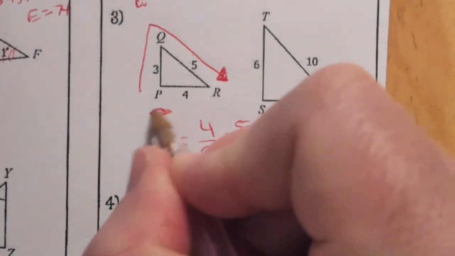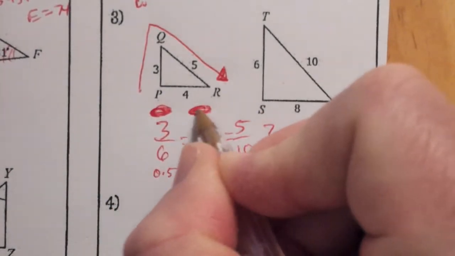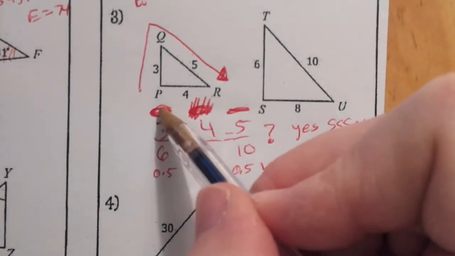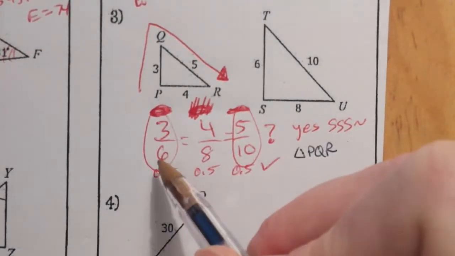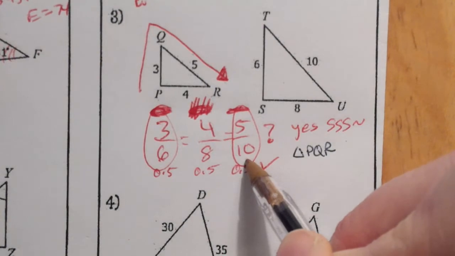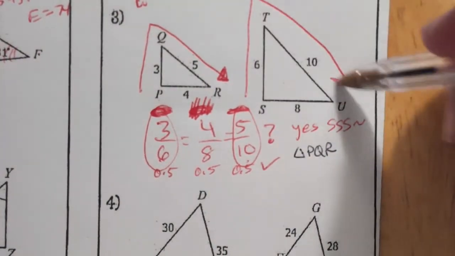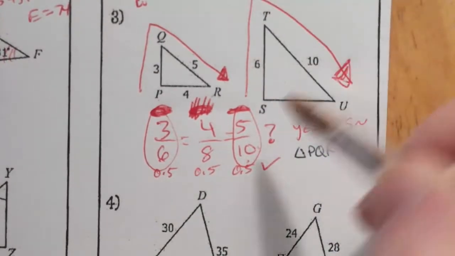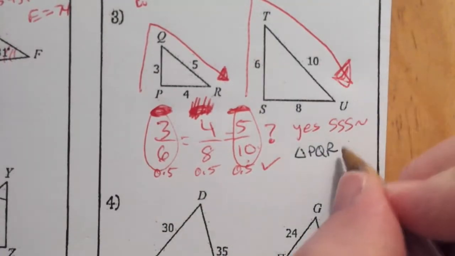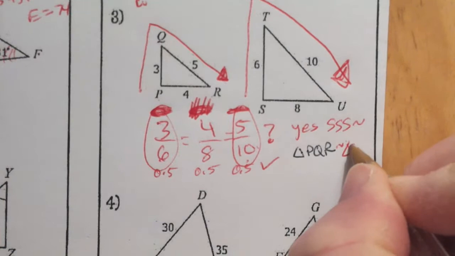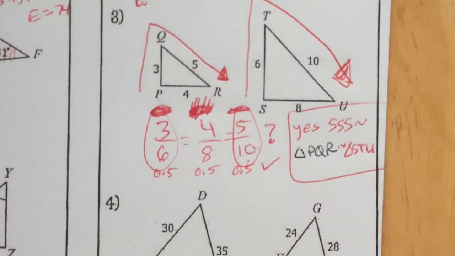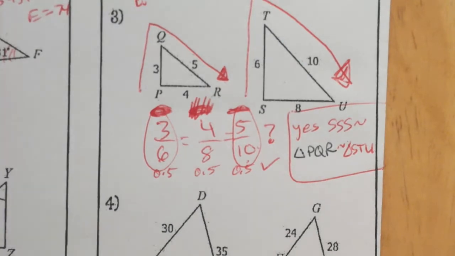So if I did 3, then 5, that's like going 6 and 10. So if I go 6, then 10, that would be STU. So that's similar to triangle STU. And that would be our answer. All right, sweet. Okay, let's keep going.